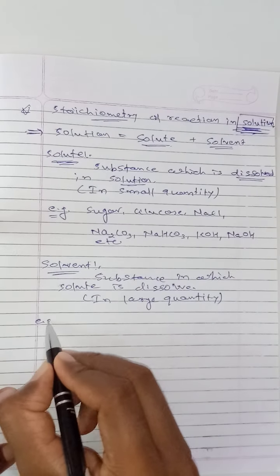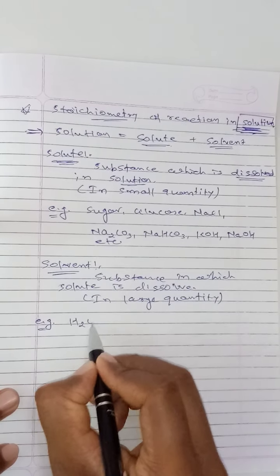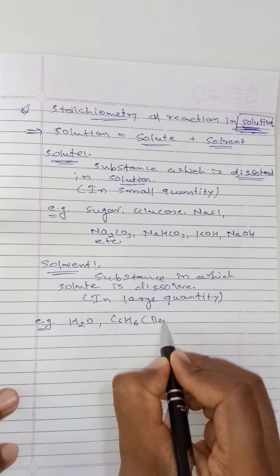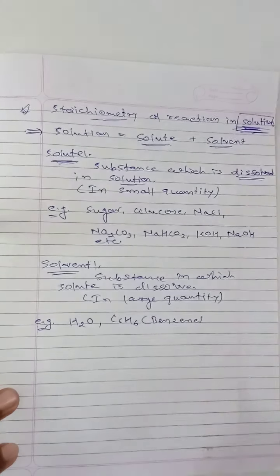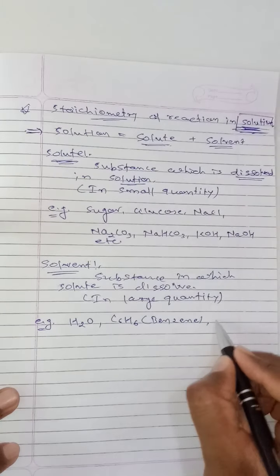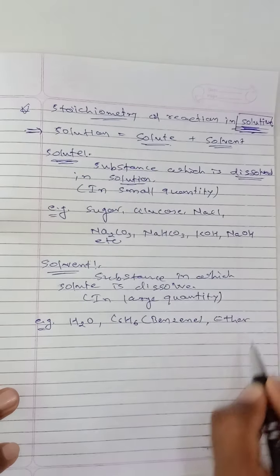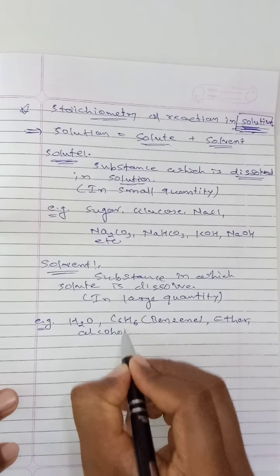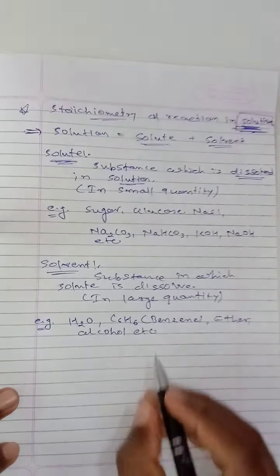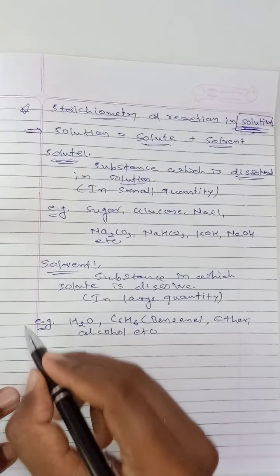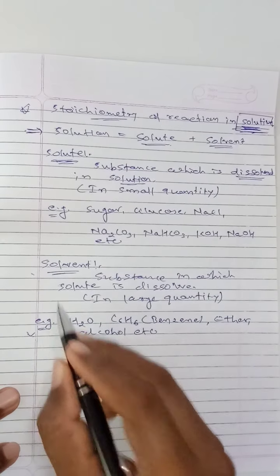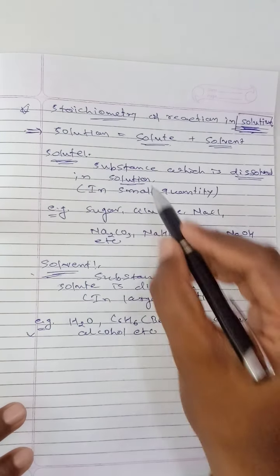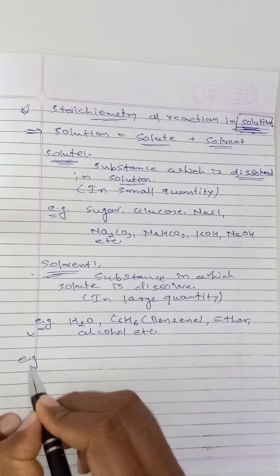For example, water, C6H6 which is benzene, ether, alcohol, etc. These all are solvents. Okay, let's see the examples.